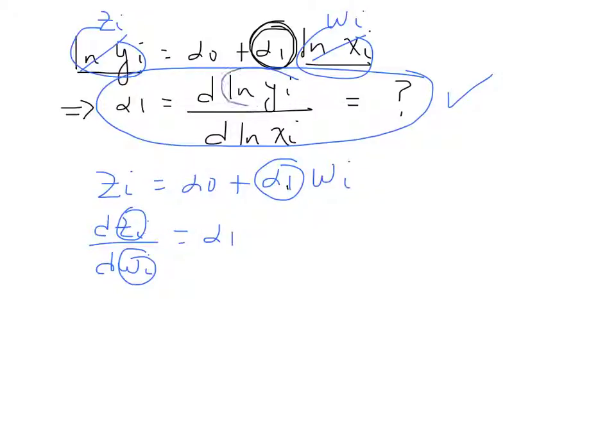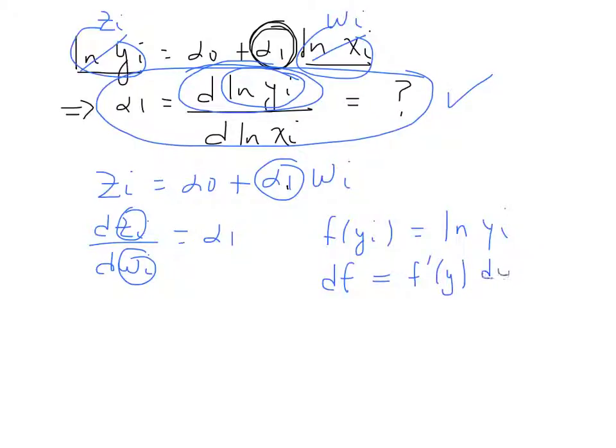If we think of a function of y as log of y, and we interpret this d log y literally as df, the total differential of f, that is the change in f if we allow y to change, we know that can be written as f prime of y dy, which is the derivative of the log of y with respect to y, 1 over y dy.